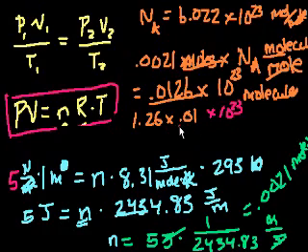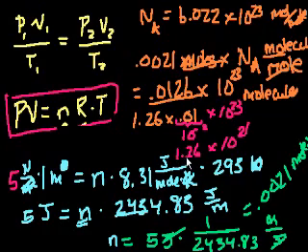That's 10 to the negative 2, right? 10 to the negative 1 is 0.1, so this is 10 to the negative 2. So then we get 1.26 times 10 to the negative 2 times 10 to the 23, we add the exponents, 1.26 times 10 to the 21st power. So roughly 1, 2, 6, and then another 19 zeros, or roughly 1 followed by 21 zeros, is how many molecules of, in this case, helium we had in the balloon.